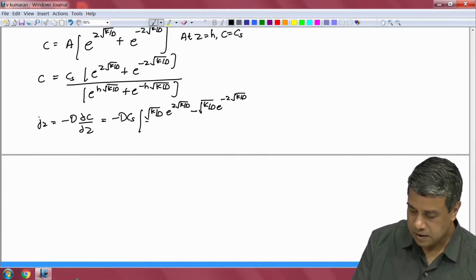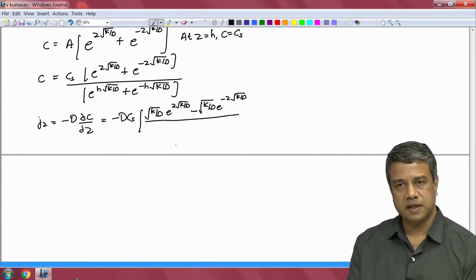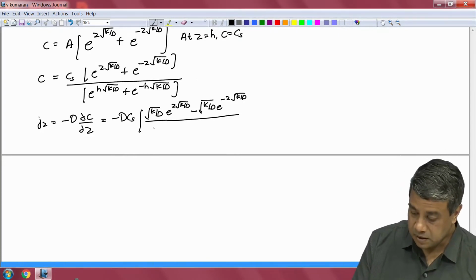When you take the derivative of a negative exponential, I will get a minus root of k by D. The denominator is a constant.